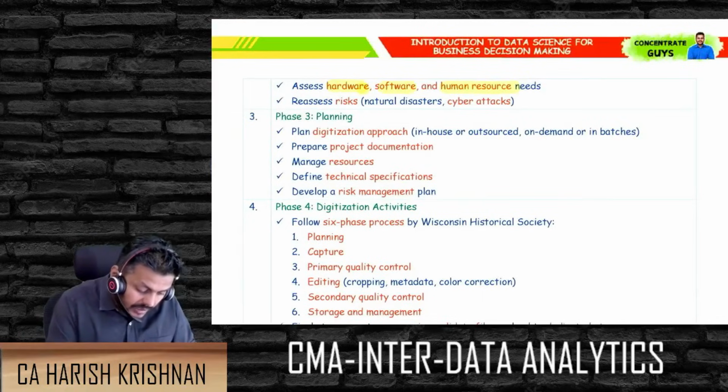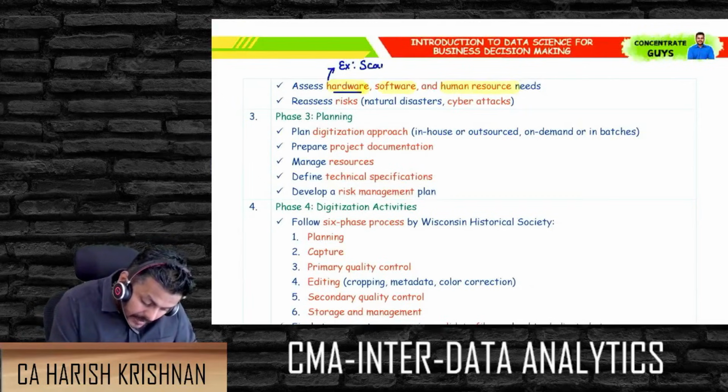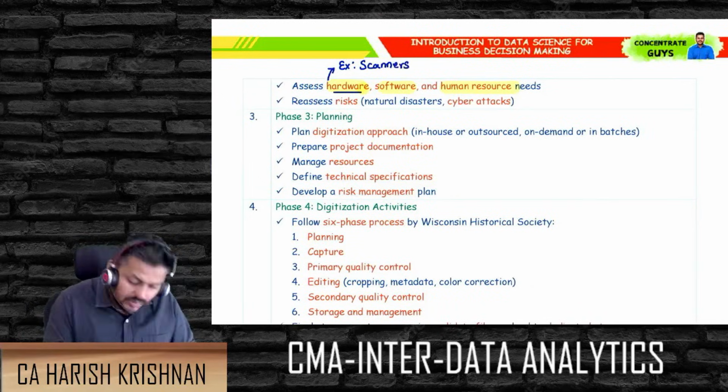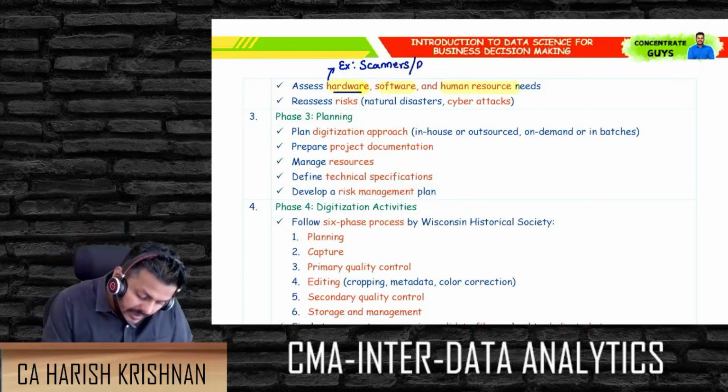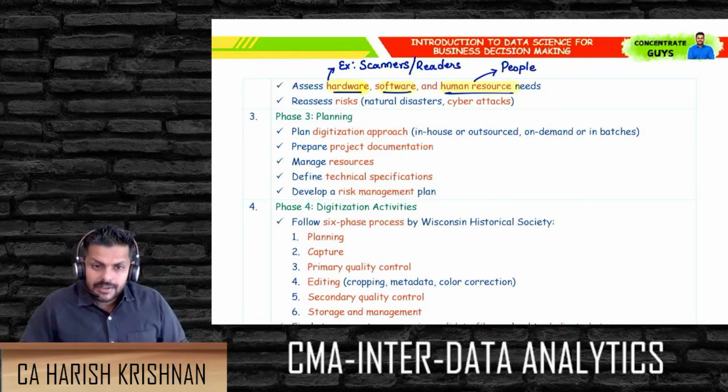Assess hardware. Hardware here means scanners. If you want to convert physical data into digital, what hardware do you need? Scanners or readers, however you want to call it. Then software, and HR. How many people are needed? If one person is enough, or two people, or 10 people are needed.